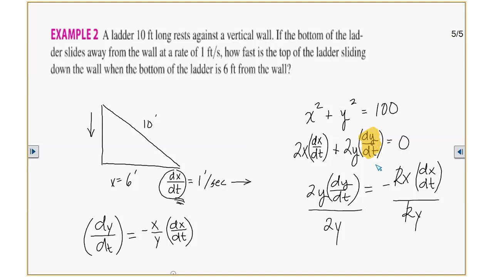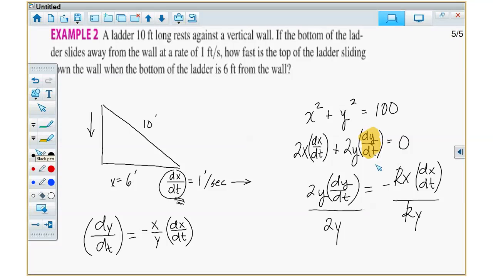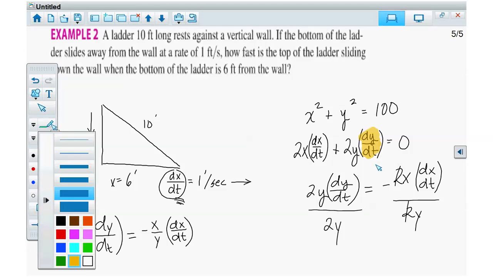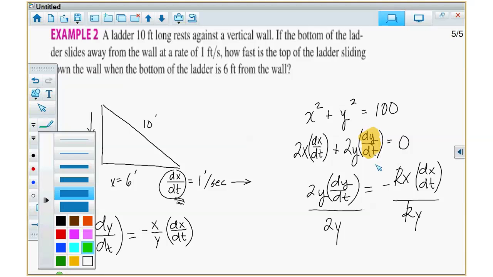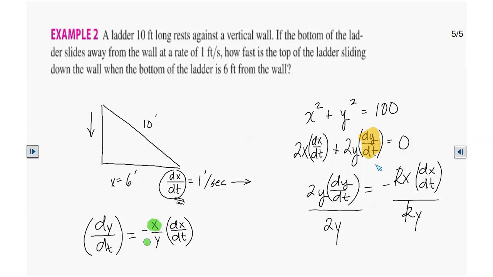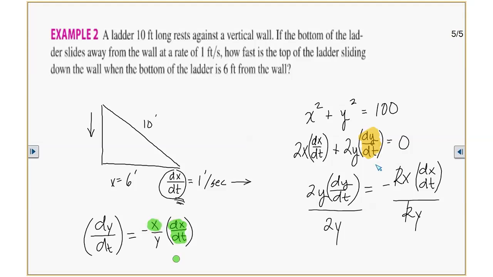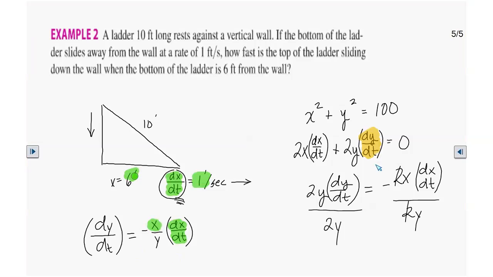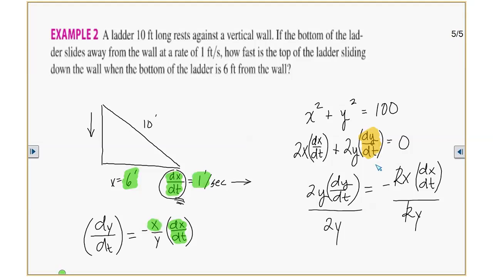Now, what do we have? Let me just take my handy dandy highlighter. Green highlighter means we got it. We have x. We have dx/dt. Then what else do we have?